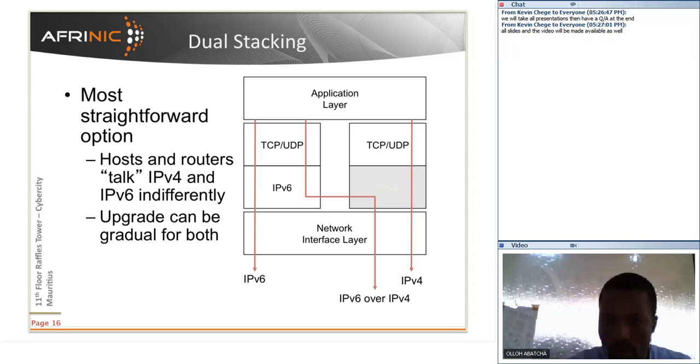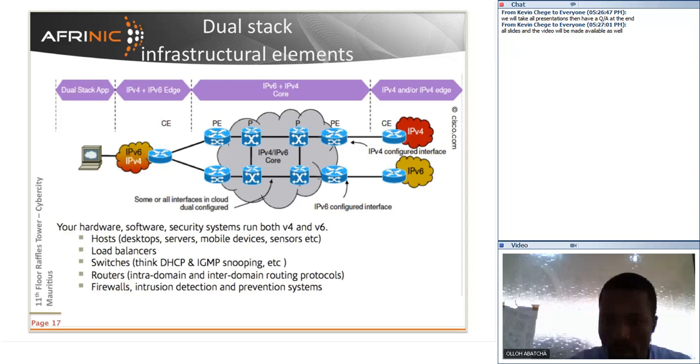So if you look at your network, for example, you would find your hosts, your terminals that understand IPv6, your switches understand IPv4 and IPv6, your routers, border routers, firewalls, all your different elements on your network understand both IPv4 and IPv6 and can deal with an IPv4 packet and an IPv6 packet in the same manner.